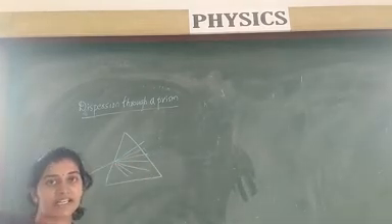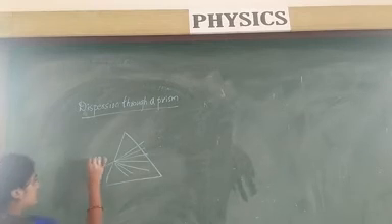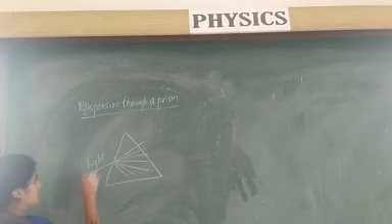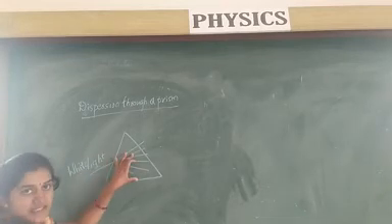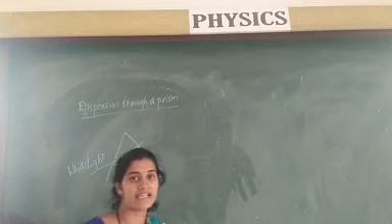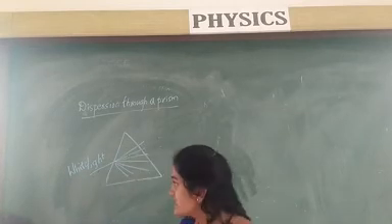That splitting of the light we are calling the spectrum. Considering white light, there will be 7 colors. The band of the 7 colors we are calling the spectrum.